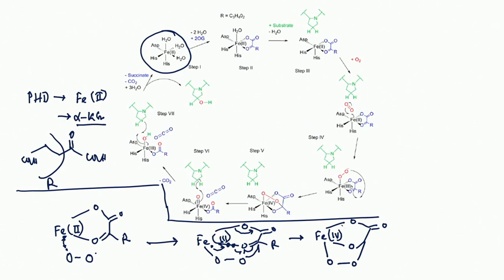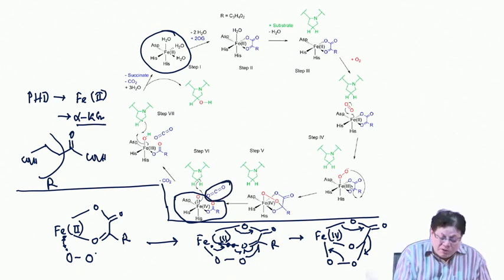Now, there will be release of carbon dioxide. So, this ferryl oxo is formed. What comes out is carbon dioxide.